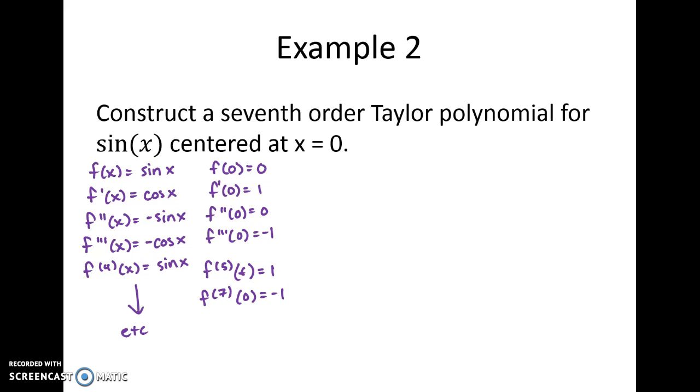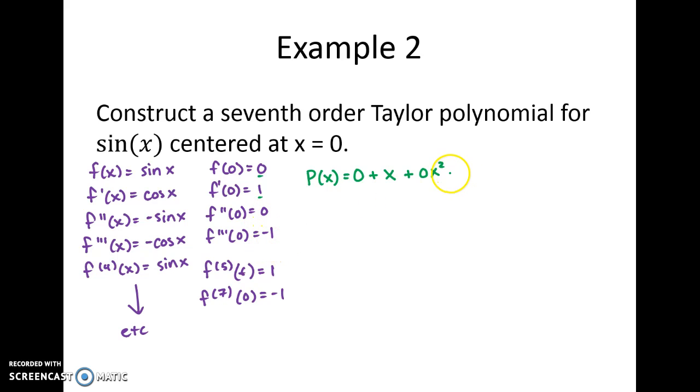Okay, so now we're going to use that factorial pattern that we noticed before. Our constant would have a coefficient of 0. Our first derivative is 1, and that's also the same as the first degree. The second derivative would be 0, x squared, technically divided by 2 factorial.